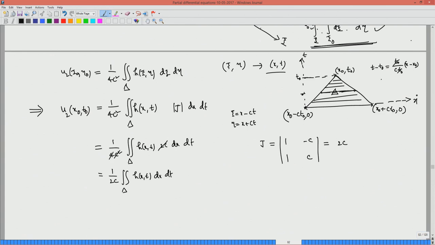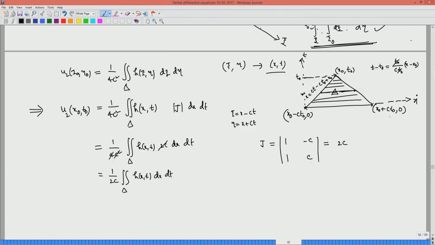So, what you are left with is, the equation of this line is x equal to, in the xt plane, ct plus c times ct minus ct naught, and then you bring this x naught to the other side. So, you have x naught plus c times ct minus ct naught.